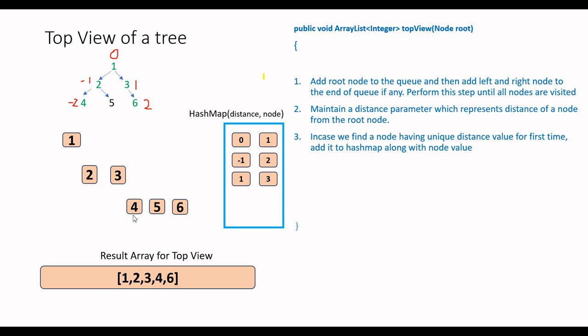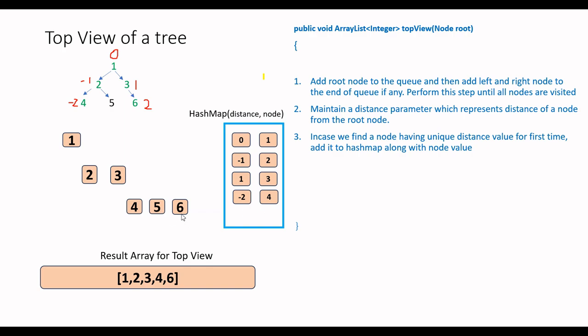Again we check node 4, whose distance from the root node happens to be -2, and since -2 is not yet inserted into the hash map, we'll proceed to add this node. After that for 5, the distance will be -1 plus 1, which happens to be 0, and since 0 already exists, this won't get added into the hash map.